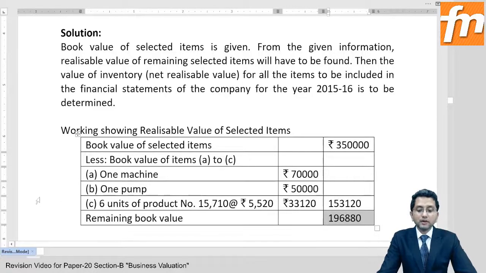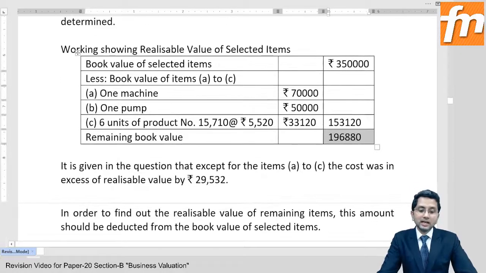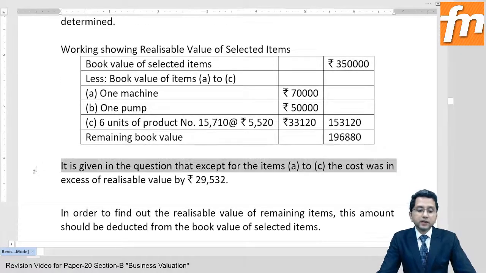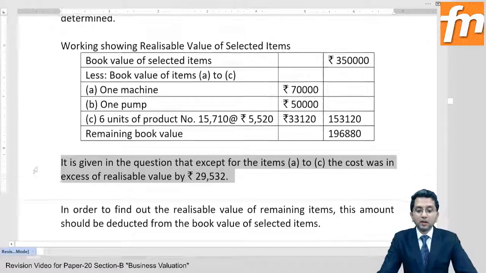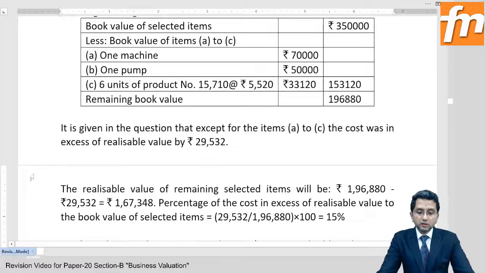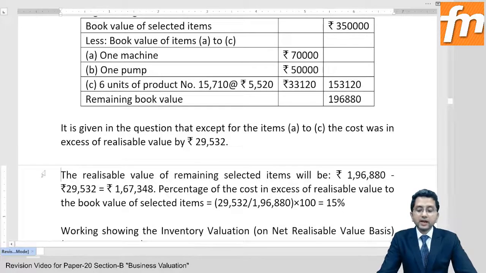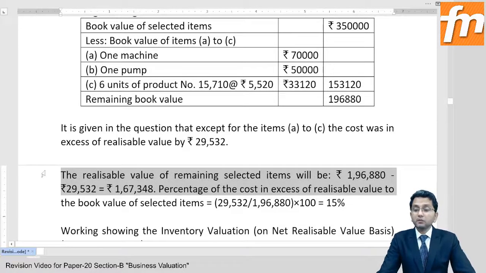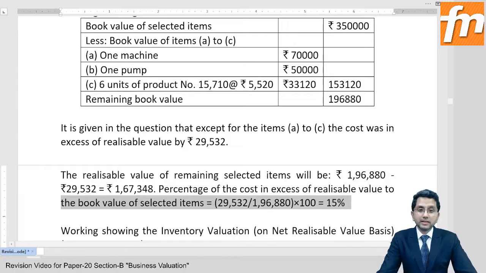So sample book value of general items, that is not the special item, is 196,880. On this 196,880, there is a downfall of 29,532. So 29,532 should be deducted from 196,880, which comes as 167,348, and this downfall is actually 15%.